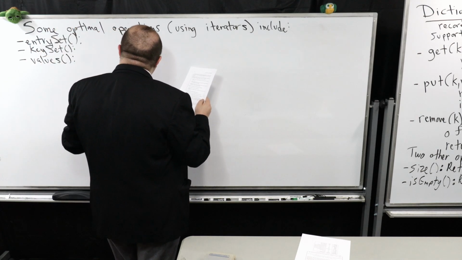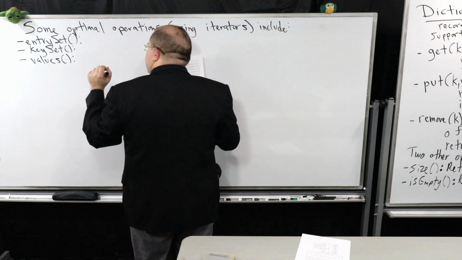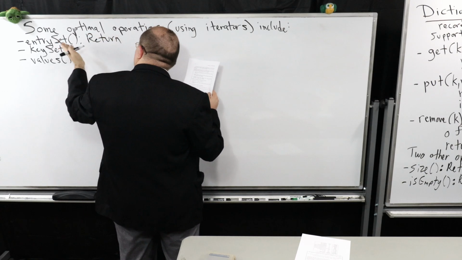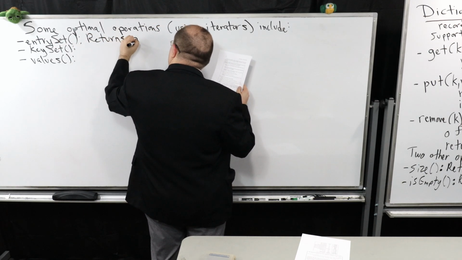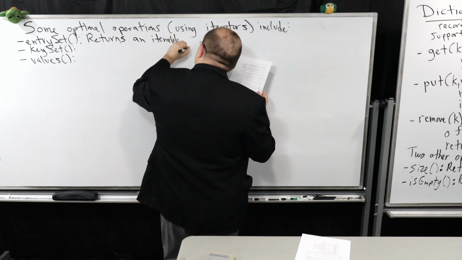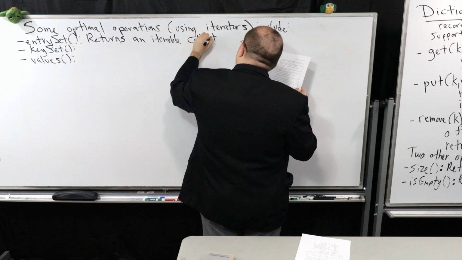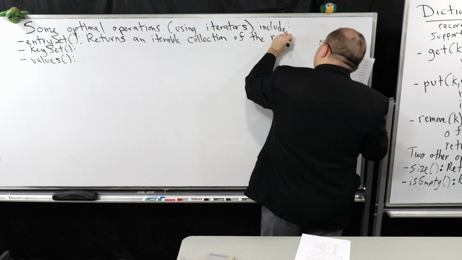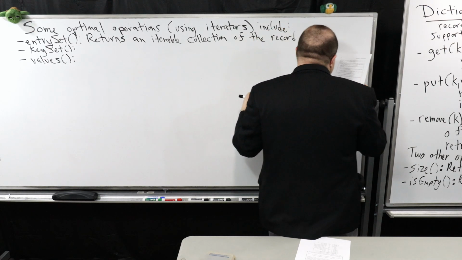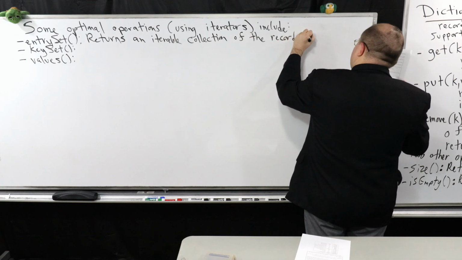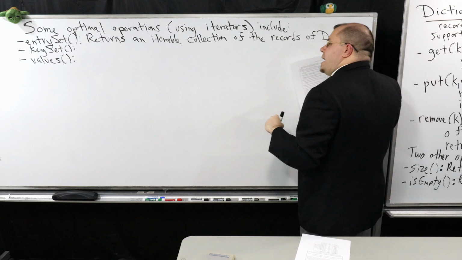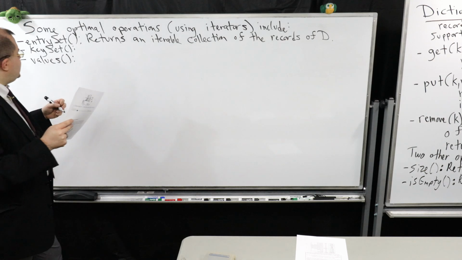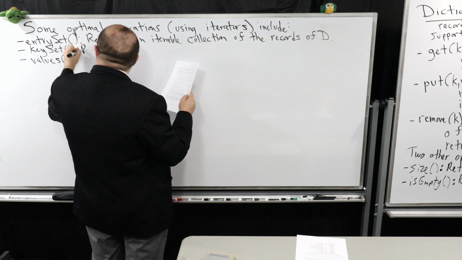So there's 3 other functions you can have: entrySet, keySet, and values. So entrySet returns an iterable collection of the records, and some people call records entries, of the records of D. So this one will give you some way to traverse or iterate over all of the records in D. keySet does something quite similar.